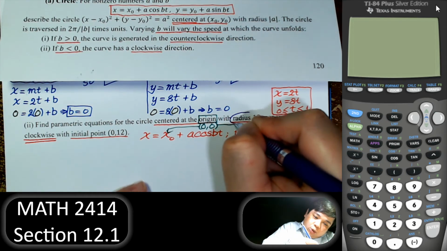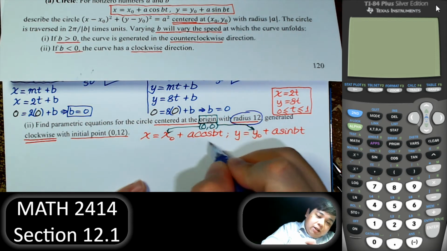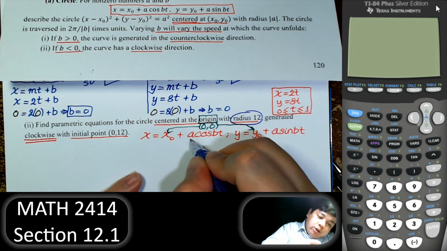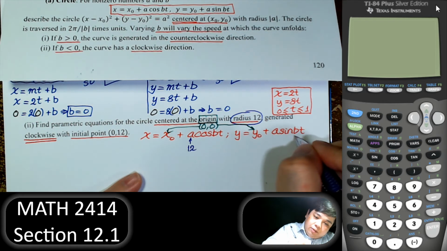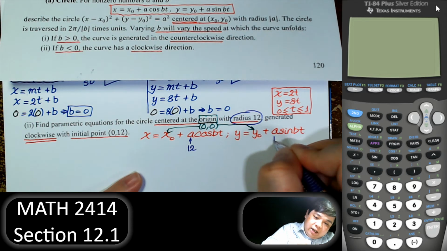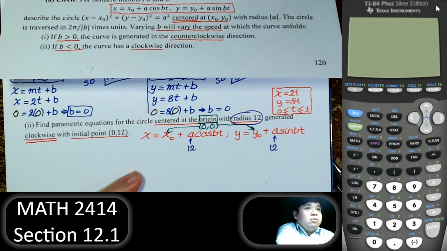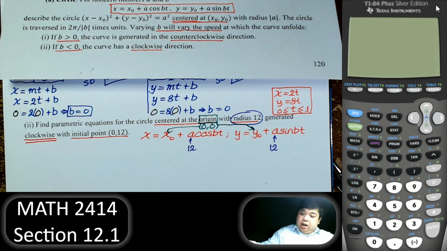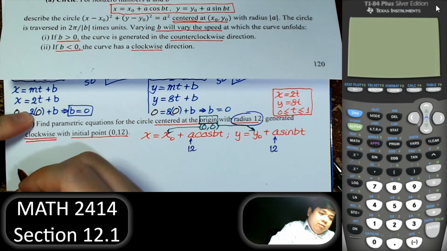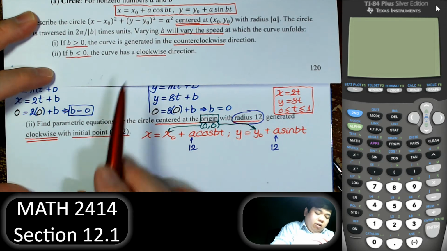The radius equals 12. That means 12 is here, and here. Right? Counterclockwise, b is positive. Clockwise, b is negative.